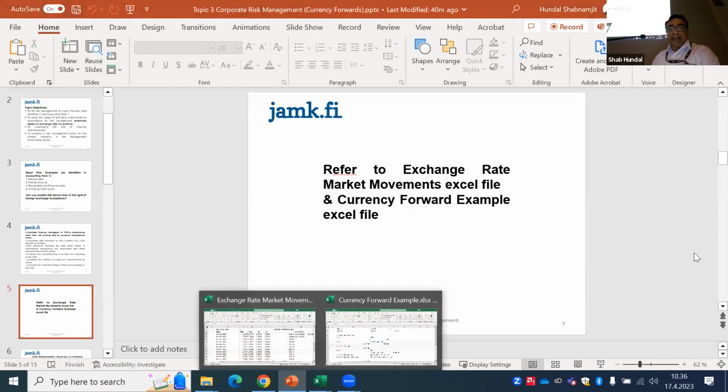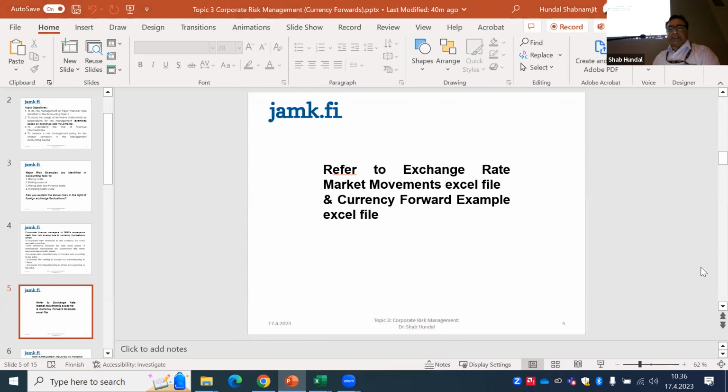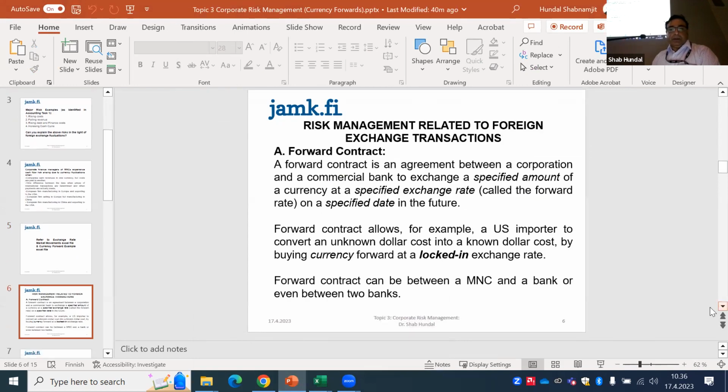Okay, coming back to this other file I will discuss with you later on. The forward contract is one way to mitigate, not to remove this risk, but to minimize the risk.